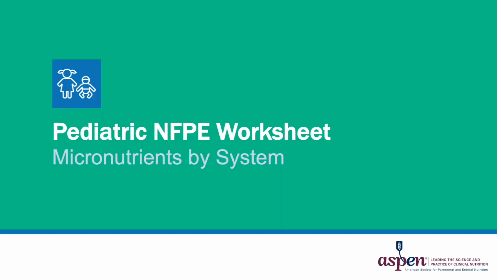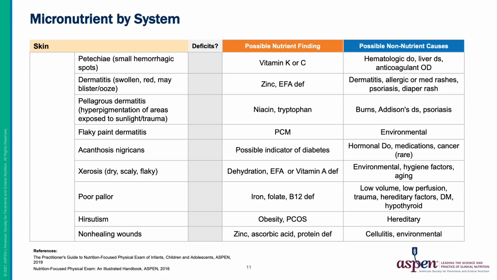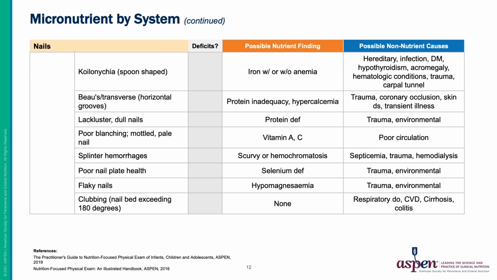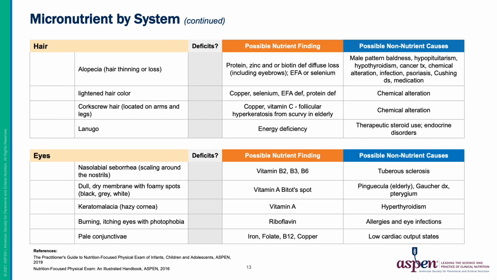Now we will go to the micronutrient by system. Here's skin, and you'll note any deficits here. Here I'll either check or draw a line through it as before. Note any possible non-nutrient causes on the right side of the page.